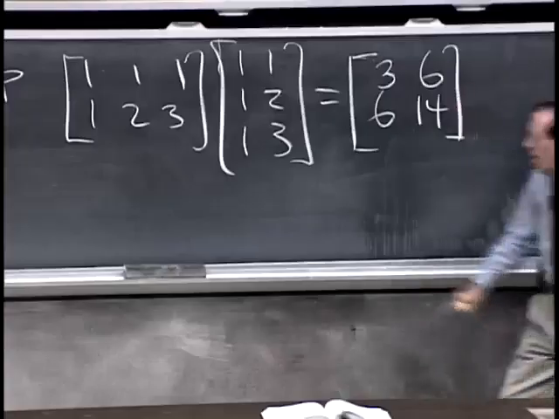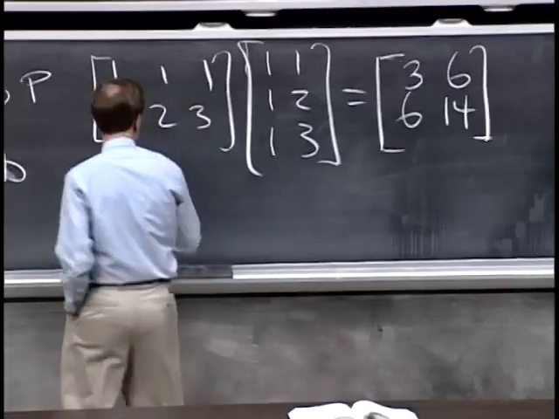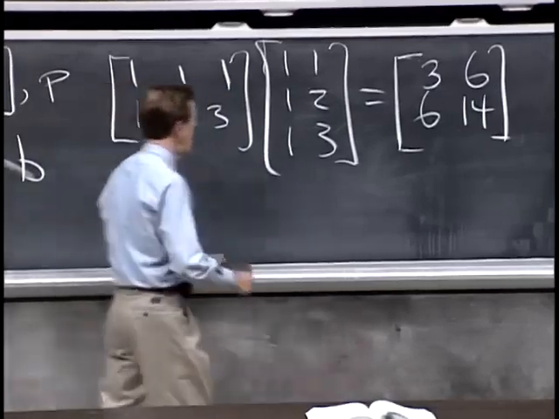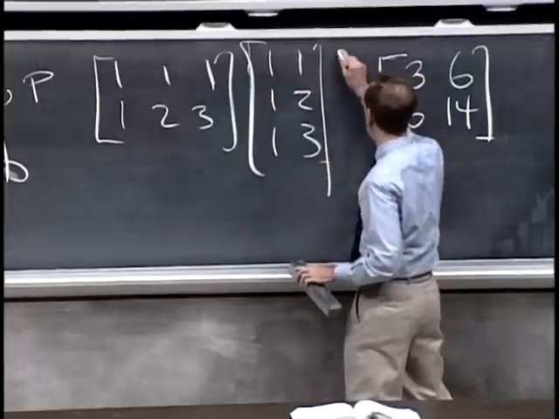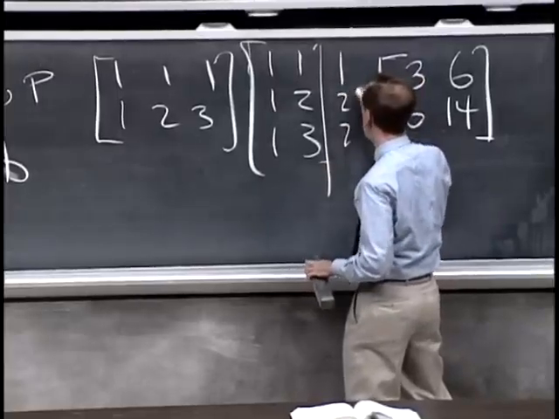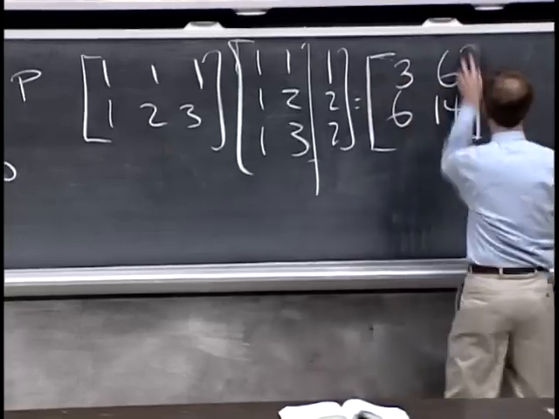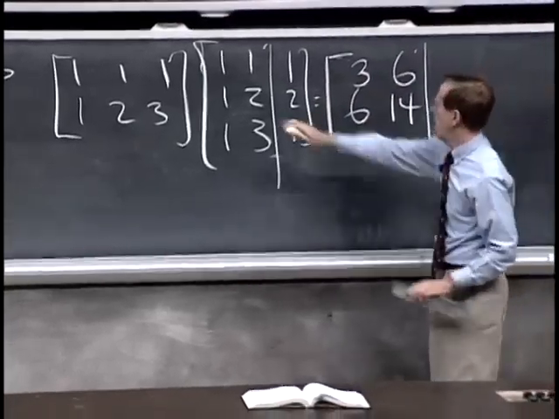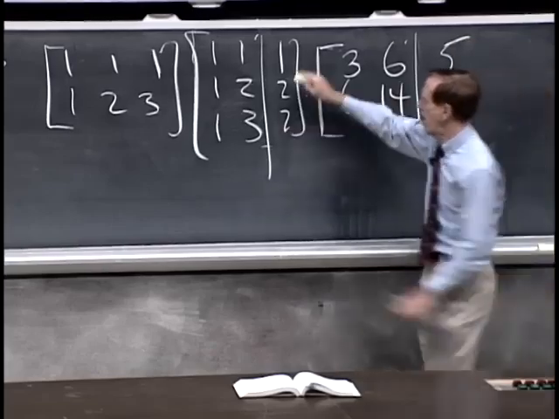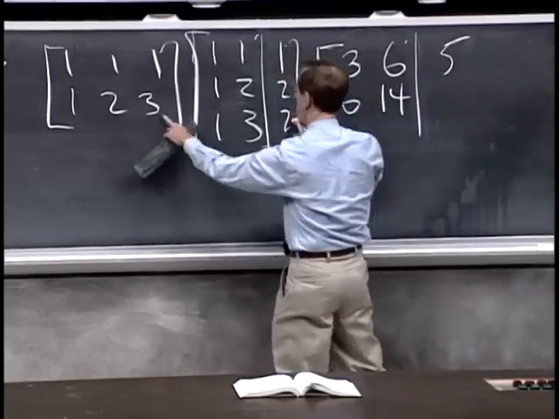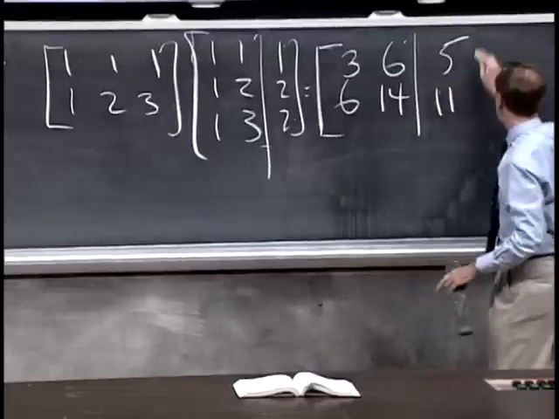Okay, and now let me figure A transpose B. So can I tack on B as an extra column here? 1, 2, 2. And the extra column, A transpose B, looks like 5 and 11.